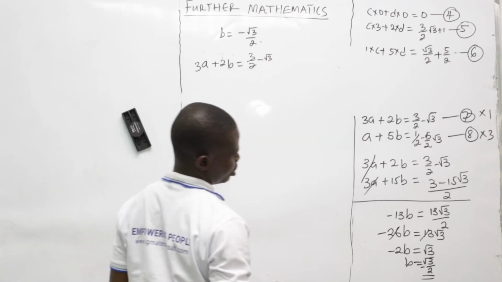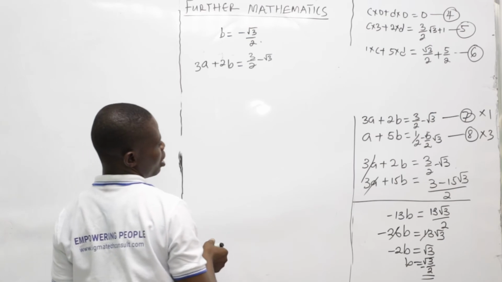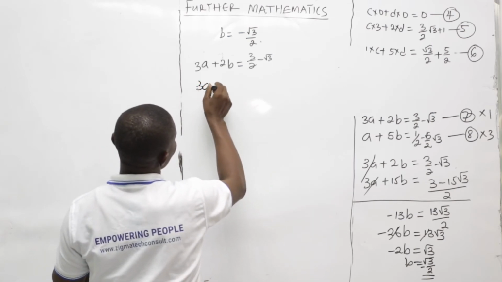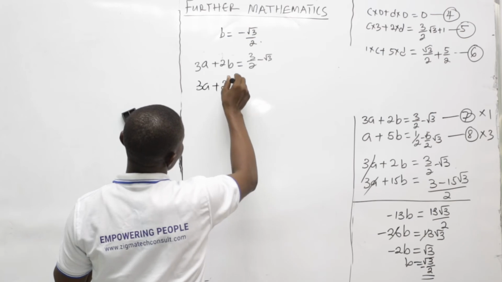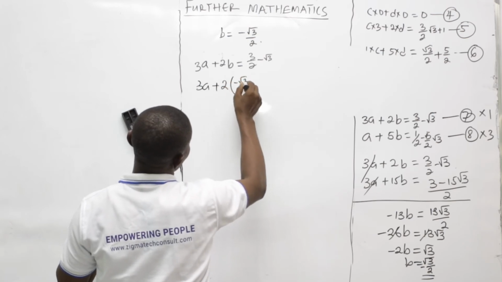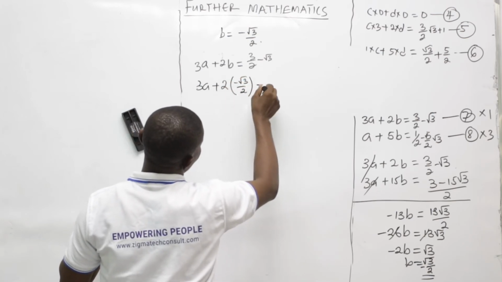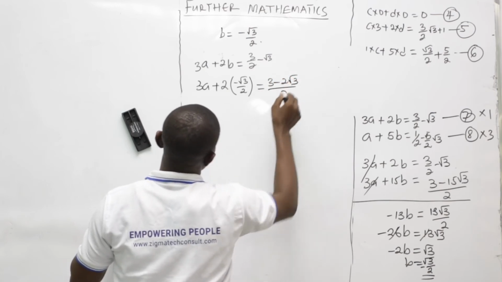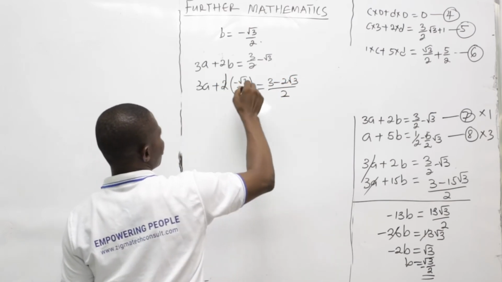When we interpret, we're going to have 3a plus 2 into minus √3 all over 2 equals (3 minus 2√3) all over 2. Okay? This will take care of this.